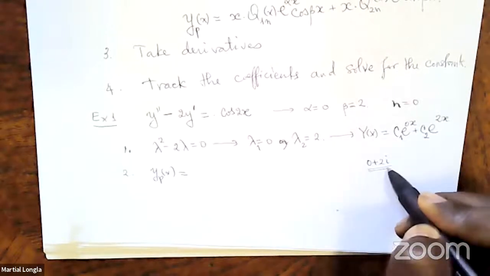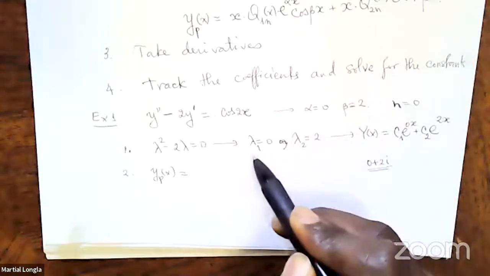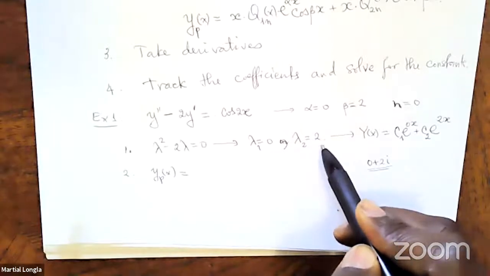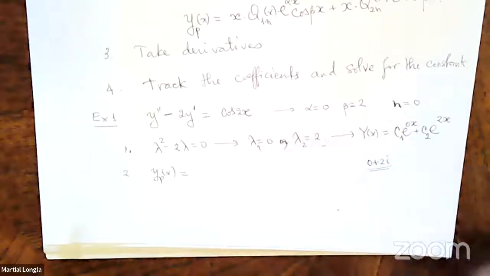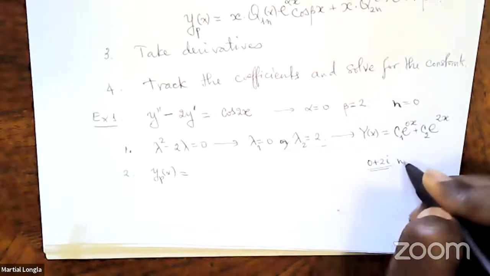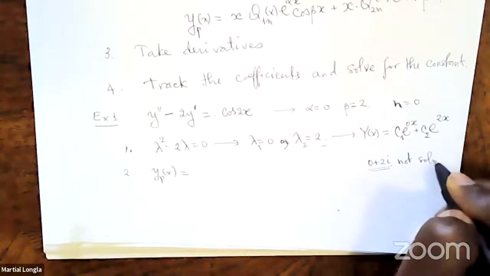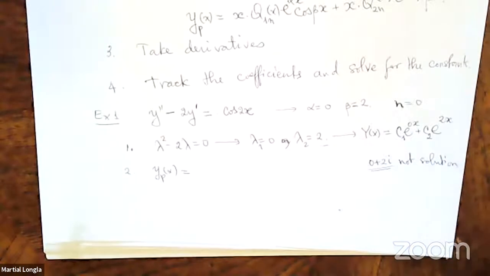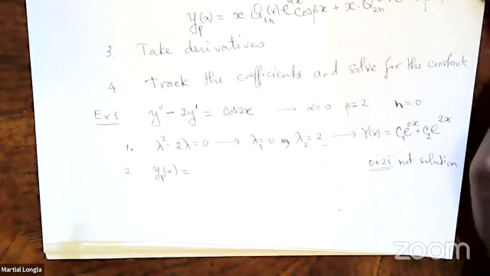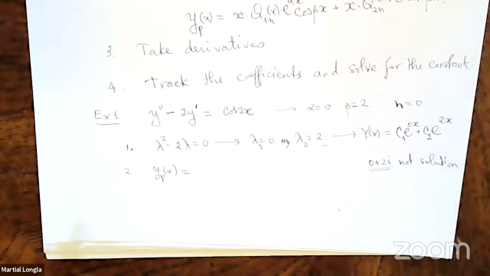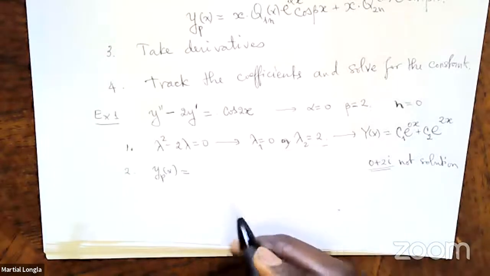Is this a solution of the Euler equation? The answer is no, it isn't, because there's no i here. So this is not a solution. And because it's not a solution, we are in the first case where we don't need to multiply by x.